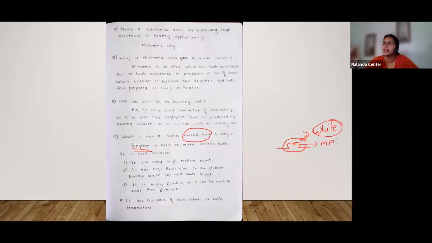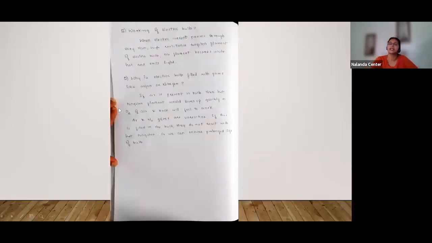It does not melt and break off easily. And moreover, it is very flexible, so it can make extremely thin filaments. And it has a low rate of evaporation. It does not evaporate easily, because of which tungsten is generally preferred as a filament inside the electric bulb.